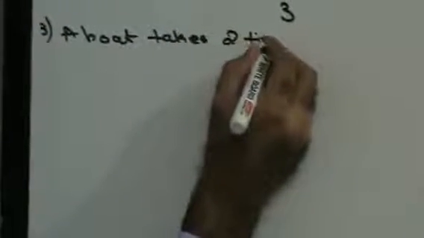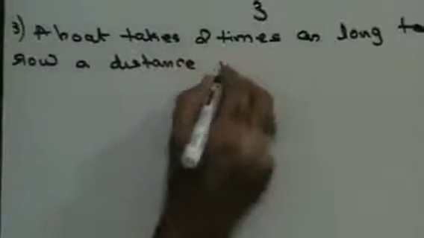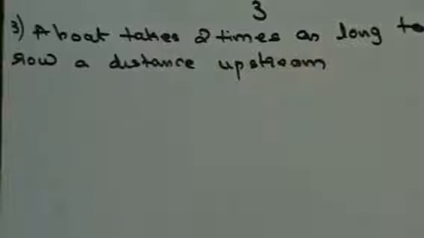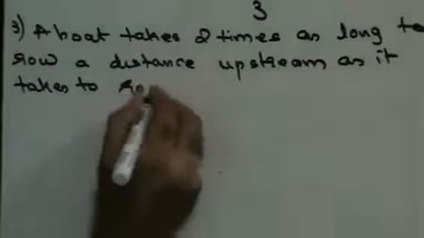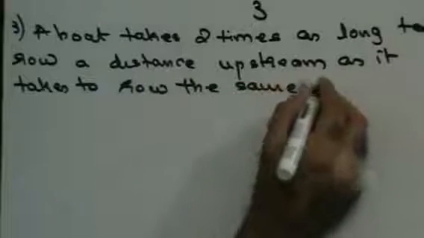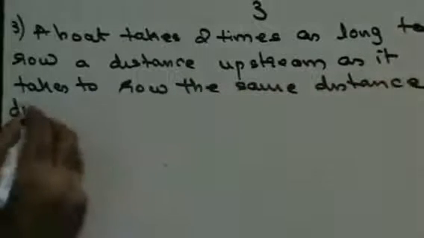A boat takes 2 times as long to row a distance upstream as it takes to row the same distance downstream.